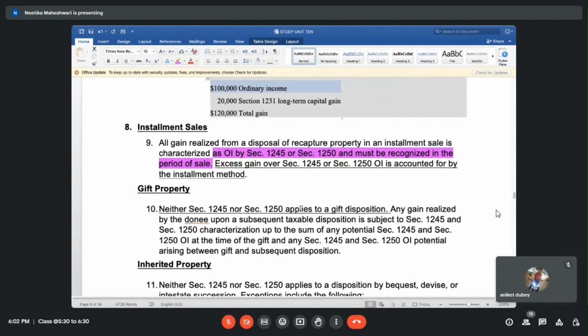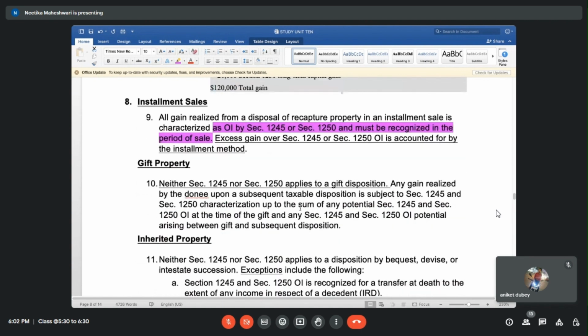Let's go to installment sales. Here we also use the same kind of principles or rules. Any gains realized from disposal of recapture property in an installment sale, that is ordinary income under section 1245 or 1250, must be recognized in the period of sale. Whatever that ordinary income portion is, you need to recognize it in the period of sale only.